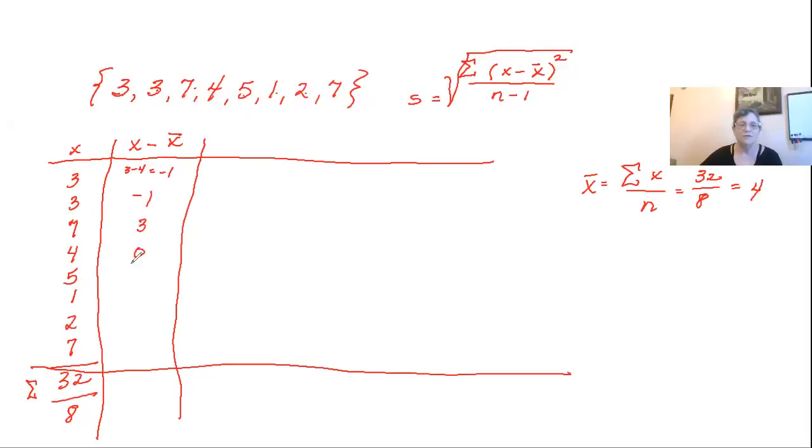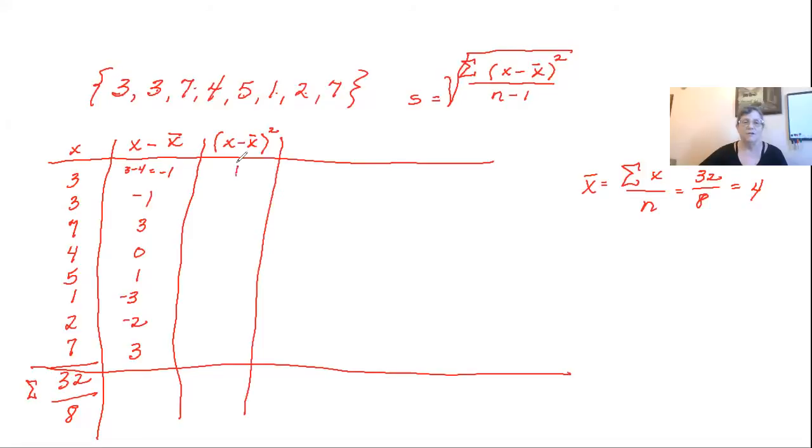4 minus 4 is 0. 5 minus 4 is 1. 1 minus 4 is -3. 2 minus 4 is -2. 7 minus 4 is 3. Now I'm not going to sum this column up. Instead, I'm going to get every one of these numbers in the second column and I'm going to square them.